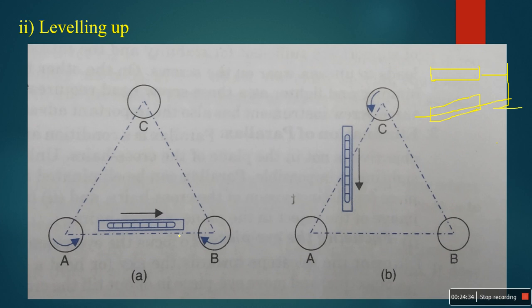If our instrument is exactly in the horizontal plane, the water bubble comes exactly to the center. If it is not at the center, the telescope is not in a horizontal plane, and you have to make it exactly horizontal.